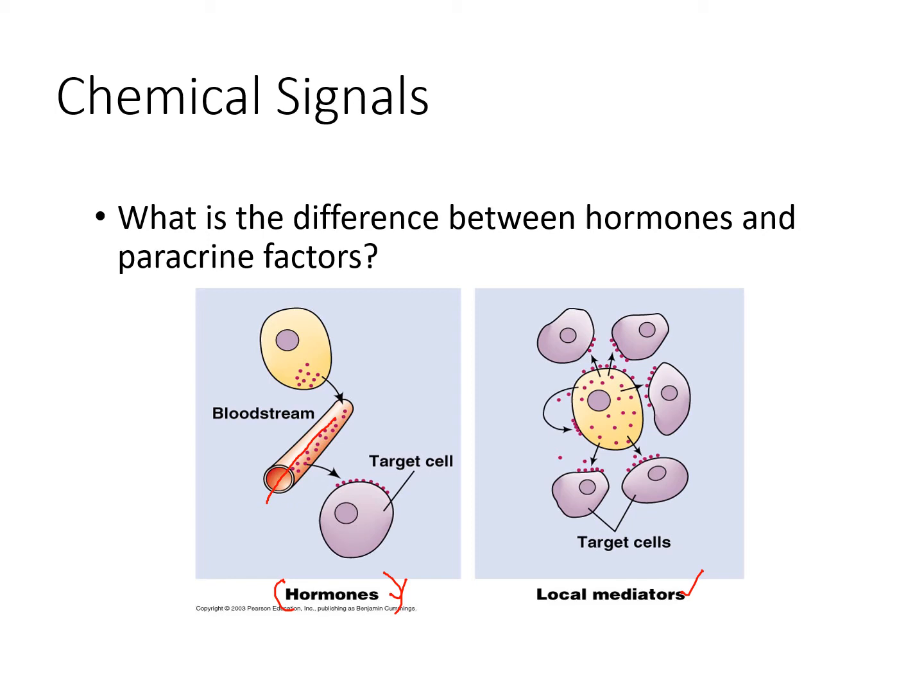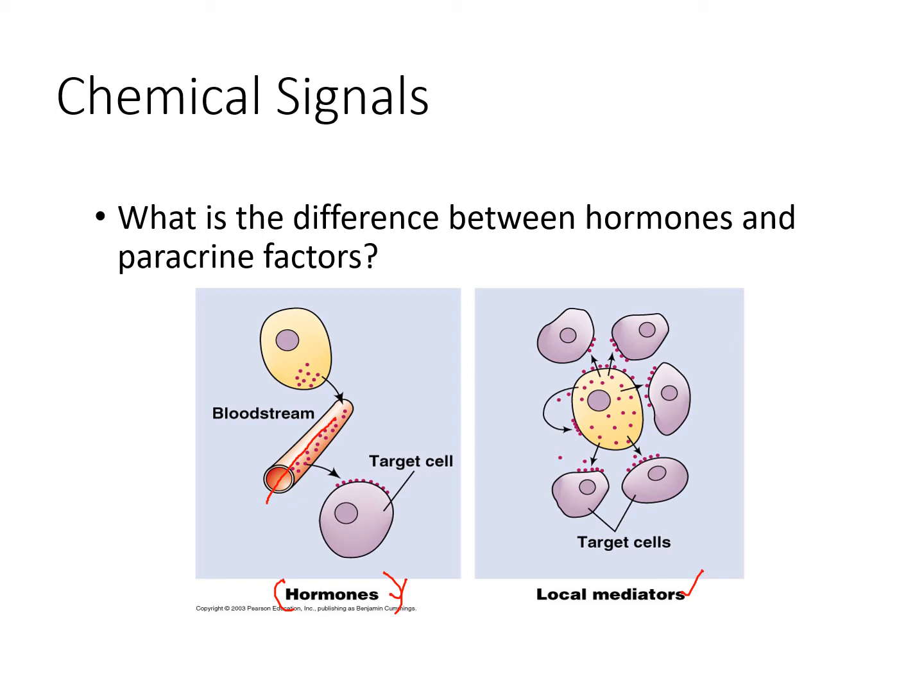And along the way, the mediators will trigger different types of cells that may have receptors specific for that hormone, and that target organ can be local or can be away from the site of signal initiation.